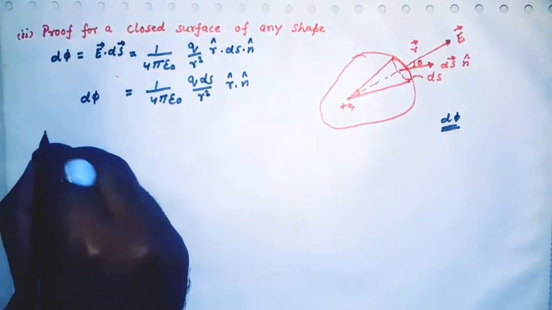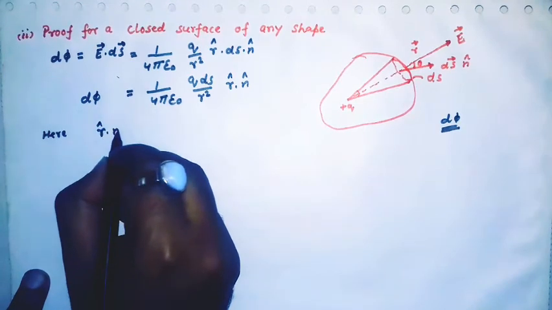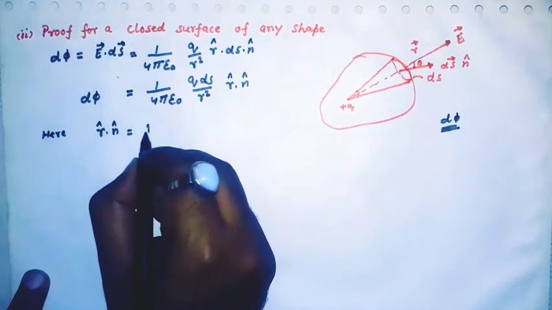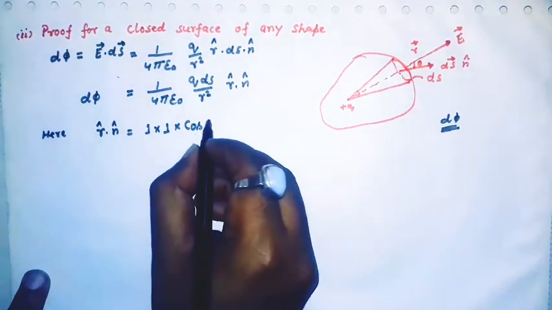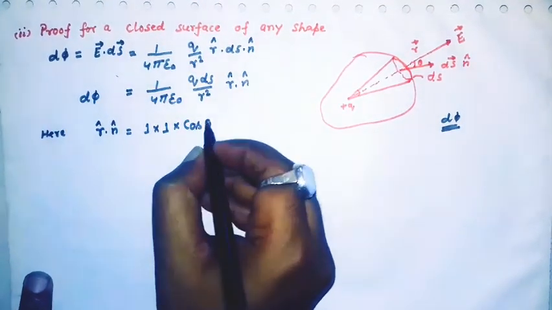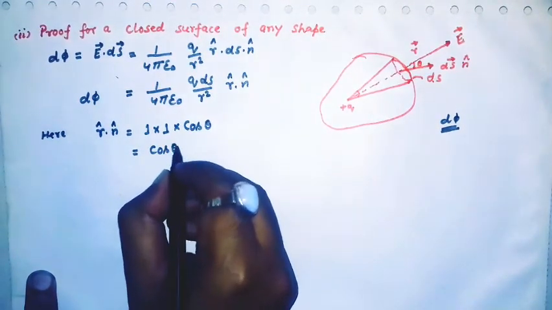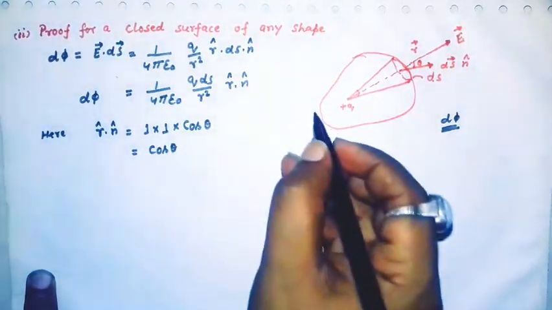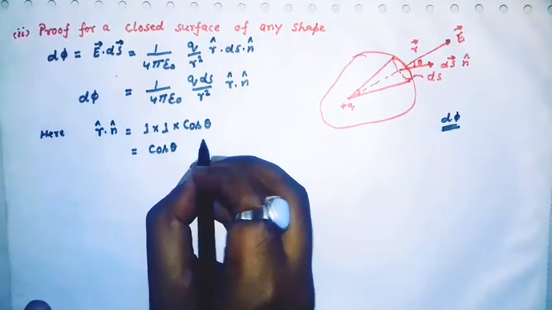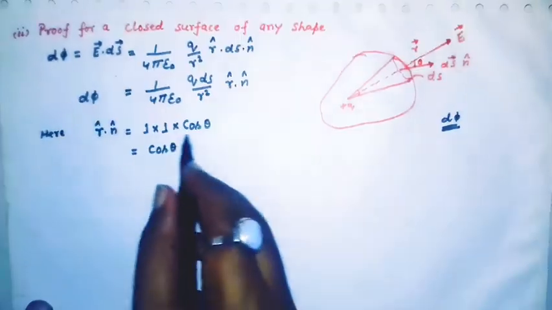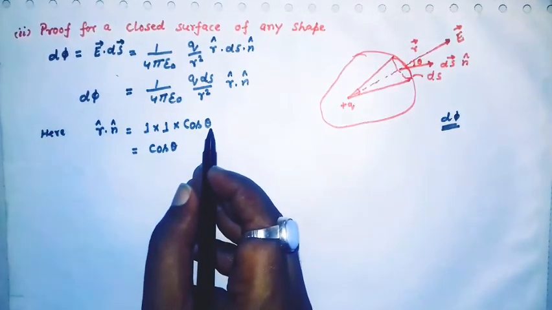So here r dot n equal to 1 into cos theta. Here theta is not 0 degree, so this will be equal to cos theta. This may be 0 degree or not 0 degree, we do not know the value of theta, so we are simply taking an angle theta.